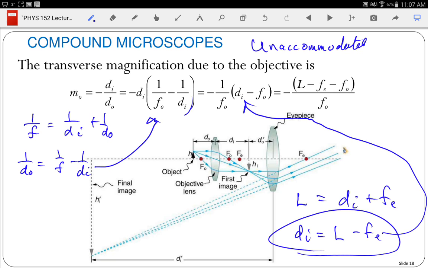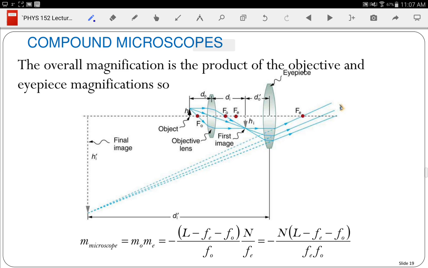And now I combine this to find the overall magnification. The overall magnification is the product of the two, magnification of the objective times magnification of the eyepiece. So here's the objective magnification, there's the eyepiece magnification, and you put them together, and this gives you the magnification for a microscope.